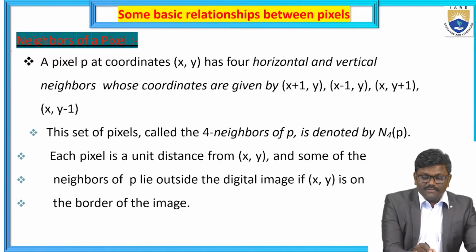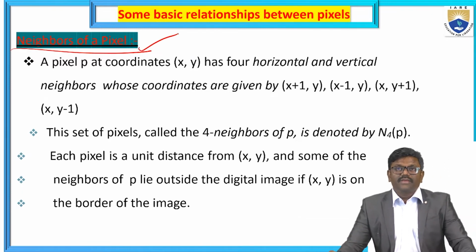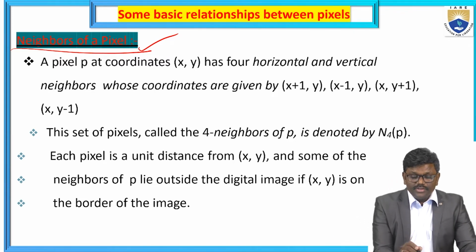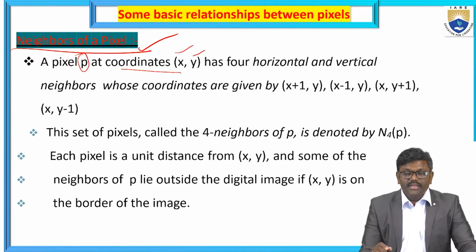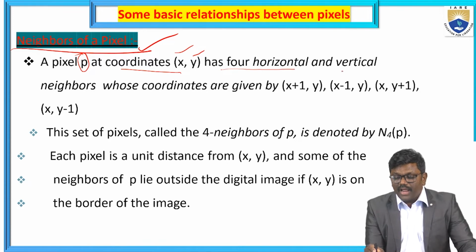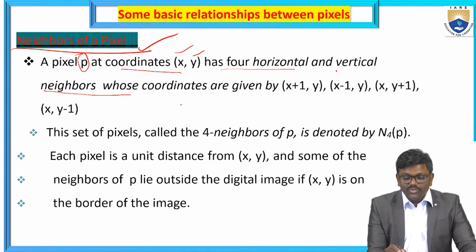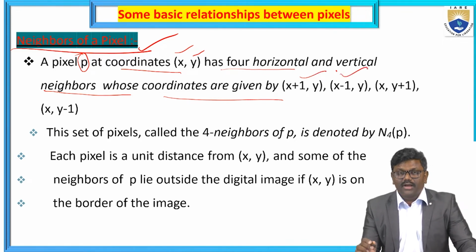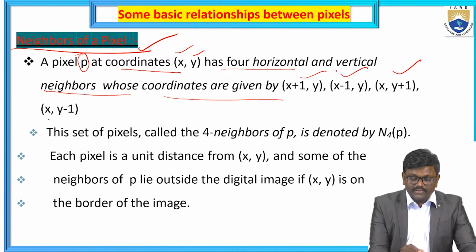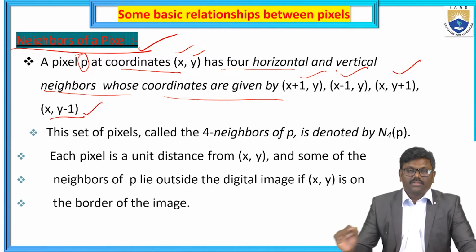So the neighbors of the pixel here, simply we can say that a pixel we denote as P at coordinates x comma y has 4 horizontal and vertical neighbors whose coordinates are given by x plus 1 comma y, x minus 1 comma y, x comma y plus 1 is another coordinate, and x comma y minus 1 is another coordinate.